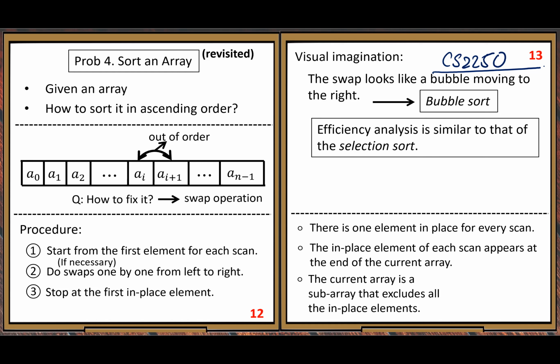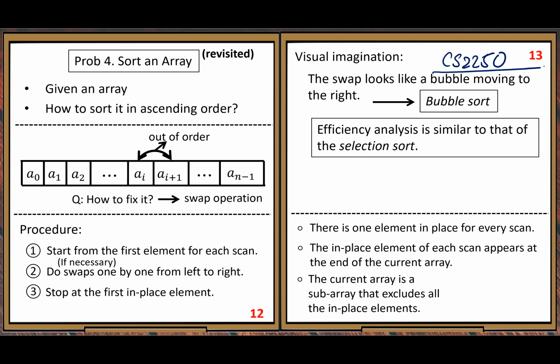Based on the solution description, you can see we do a lot of swap operations to fix the inversion problem.